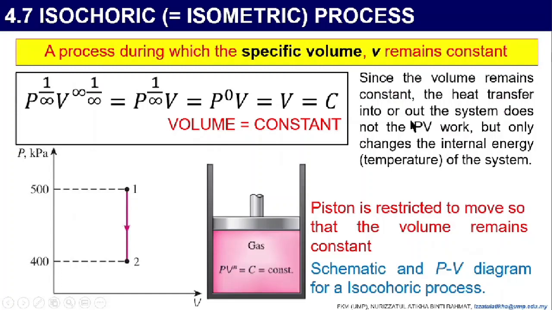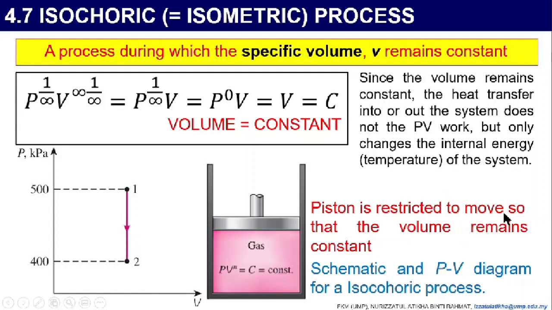Now isochoric or isometric process is a process during which the specific volume remains constant. Since the volume remains constant, the heat transfer into or out of the system does not do PV work, but only changes the internal energy.